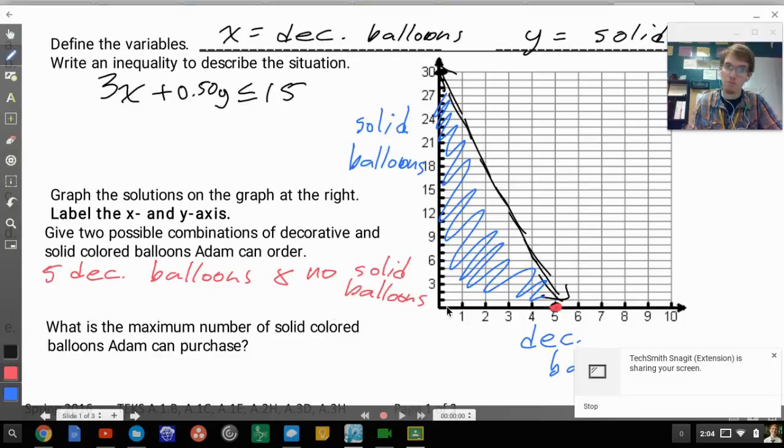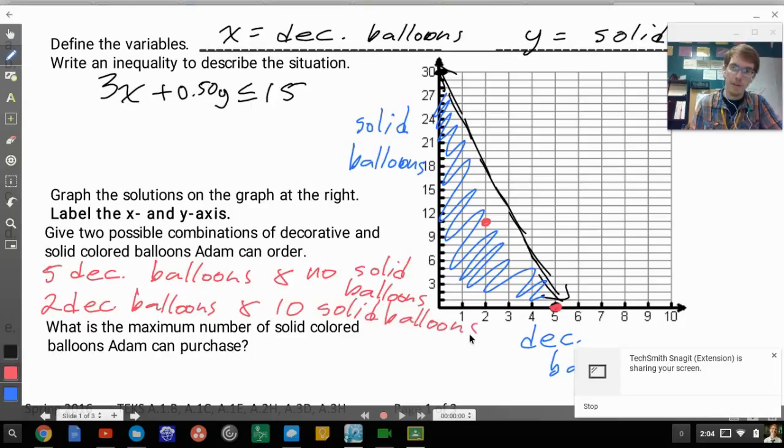Or I could go for a good mixture and say 2 decorative balloons and something like 10 solid balloons. I could also do something like that. There's lots of options I can have there.